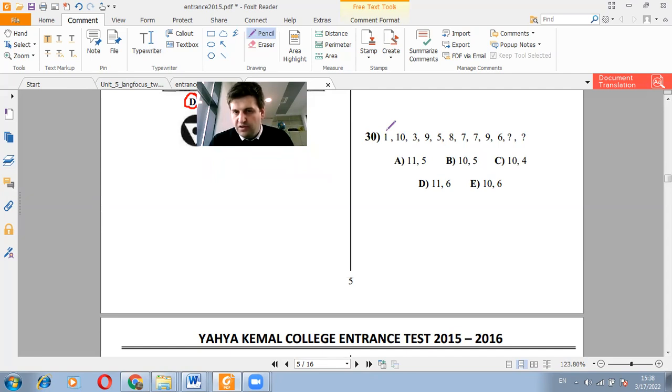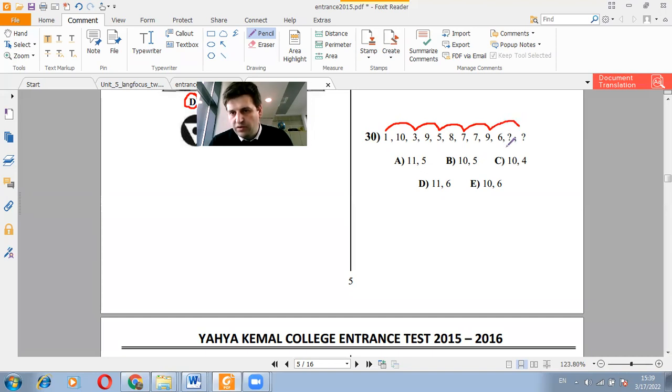let me use the expression read between the lines. If you do like this, you skip one number every time, you'll see that there is a logic here. So numbers increase by 2, or we have the odd numbers here, 1, 3, 5, 7, 9, and the next odd number is 11.